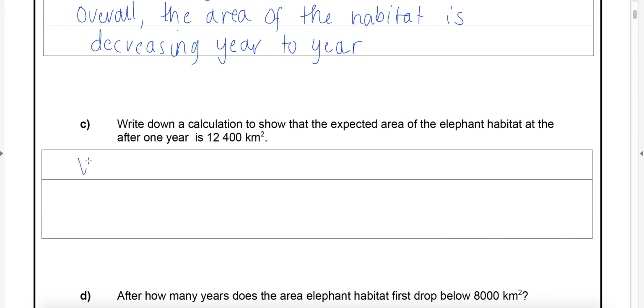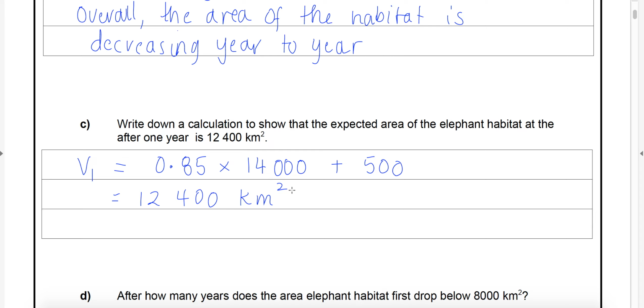After 1 year, we call that V_1. And to get V_1, we take 0.85 and multiply it by the term before it. The term before it was V_0, so that's 14,000. And then I add the 500. So just here, I've demonstrated what calculation brings us to this new area of 12,400 square kilometres.